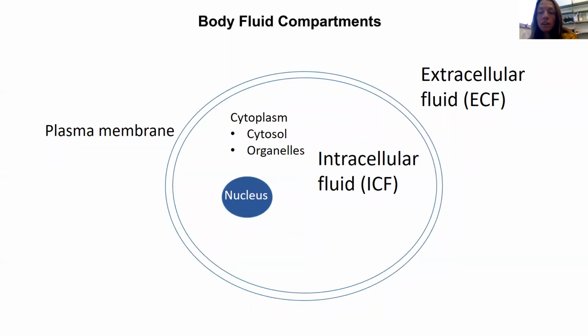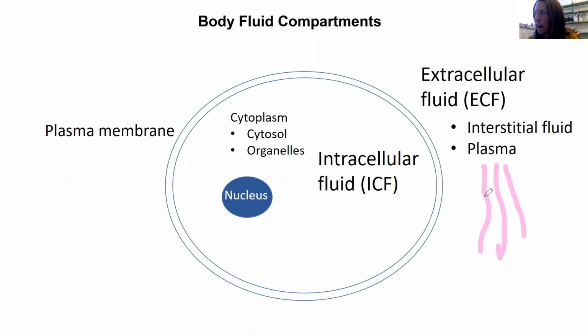Okay. The ECF, however, is also broken down into the interstitial fluid and plasma. Interstitial fluid is the fluid that's in the tissues. Interstitial means in the tissues. So out in the ECF out here, you've got tissues out here.